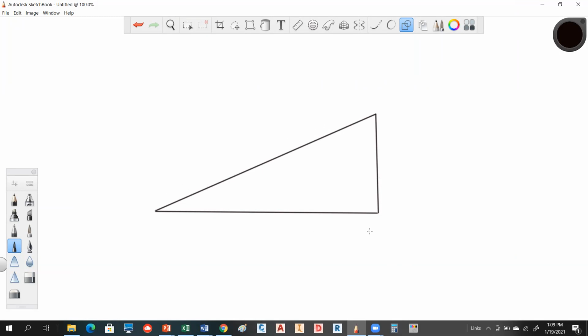If this is truly horizontal and vertical, we should have a right angle right here, which says that this is 90 degrees. If we're measuring this distance, this would be our horizontal distance. If we're measuring this distance from point to point, this is your vertical distance. And if you're measuring this distance, this is your slope.